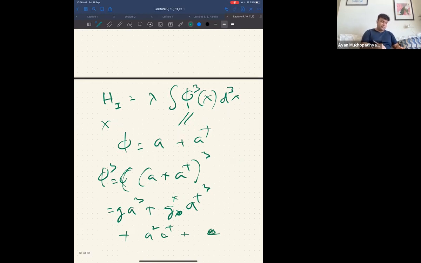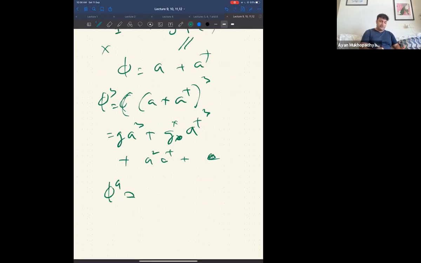Even if I have φ to the power 4, I would get terms which are a to the power 4, then a cubed a dagger, or a dagger a cubed, plus something a dagger squared a squared, plus Hermitian conjugates of these guys. So I will get something of this kind.